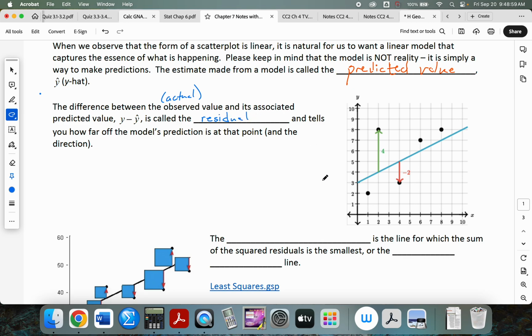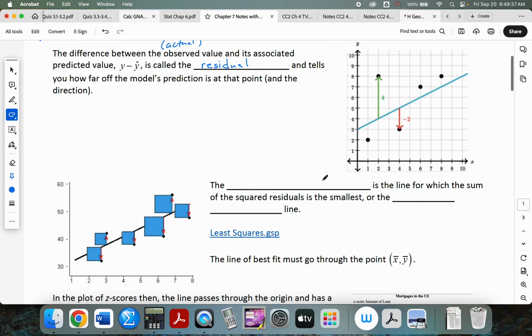It tells you how far off the model's prediction is at that point, and it also tells you the direction. If the residual is positive, the actual is greater than the predicted. If it's negative, the actual is less than the predicted. If you think about the word residual, the residue, it's what's left over. That might help you remember this term.